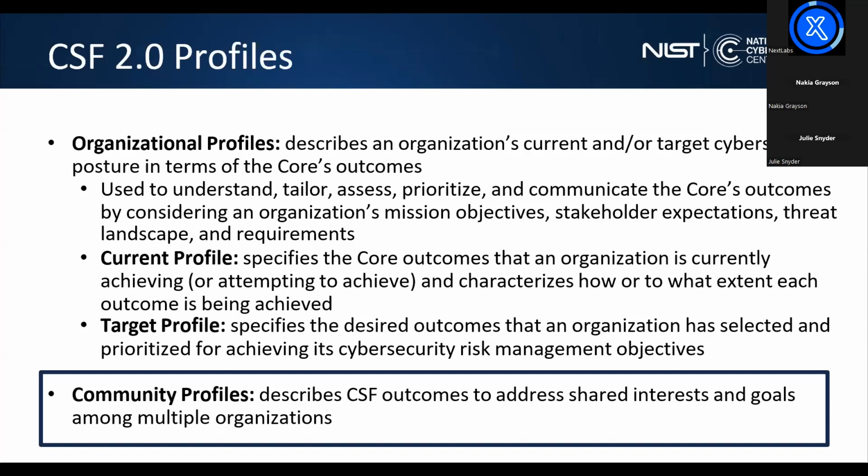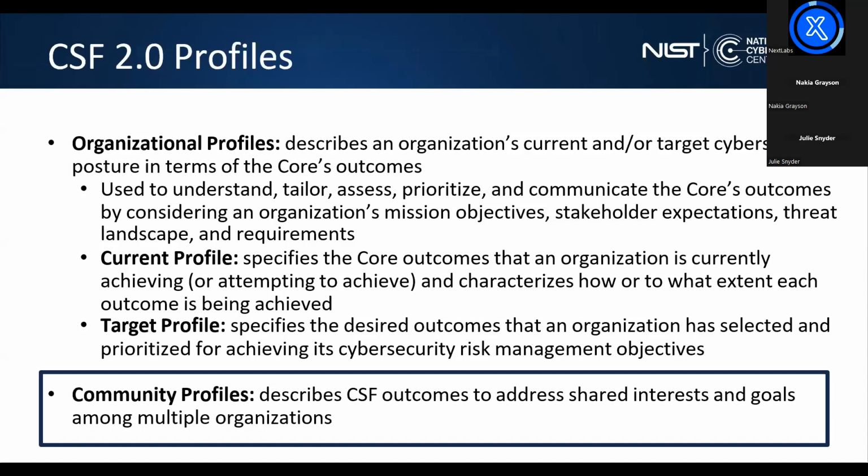In a current profile, a business will want to specify their core outcomes: what is their business currently achieving or attempting to achieve, and how or to what extent each outcome has been achieved. And then they'll also want to look at their target profile.